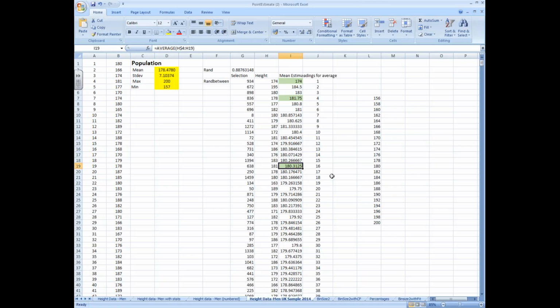What I'm trying to convey at the moment is the larger the sample I take, the smaller the range of values I get for my mean. That is the first really, really important point I want them to get out of this point estimate. The larger the sample size, the smaller the range.